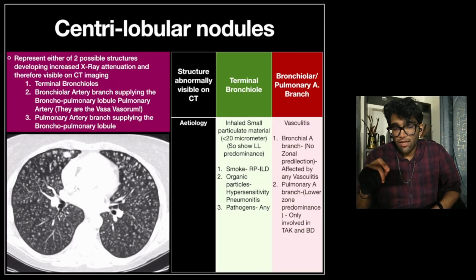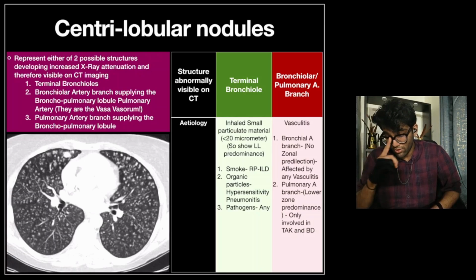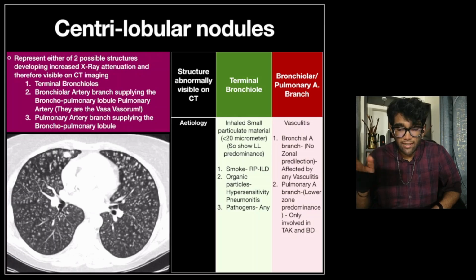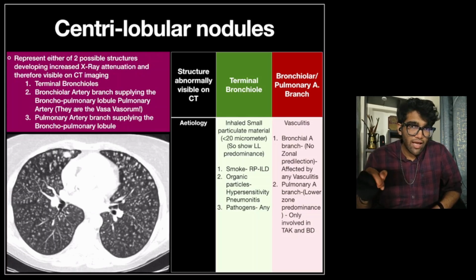Similarly, you could have the pulmonary artery branch getting inflamed because of inflammation along the pulmonary artery wall, which can happen with any vasculitis. Similarly, you could also have a pulmonary branch directly getting involved in vasculitis, and we'll discuss that later.